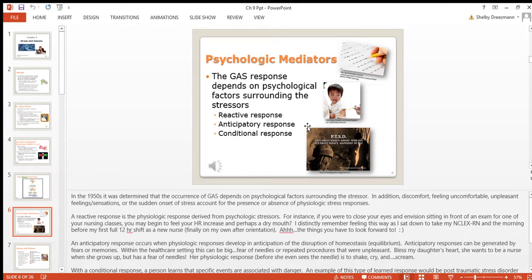A reactive response is when the physiologic response is derived from a physiologic stressor. For instance, if you were to close your eyes and envision an exam, you would probably get an increased heart rate. The anticipatory response, I need to take my gum out because I can't talk with it.